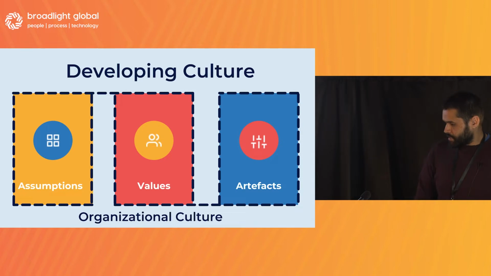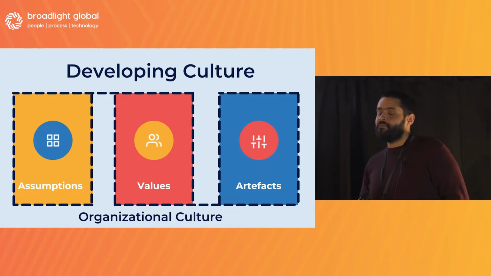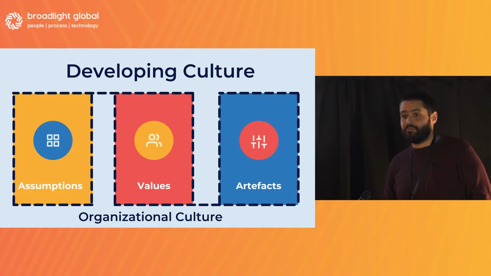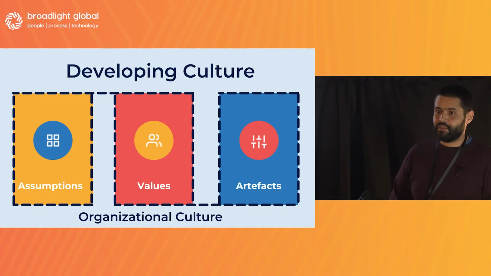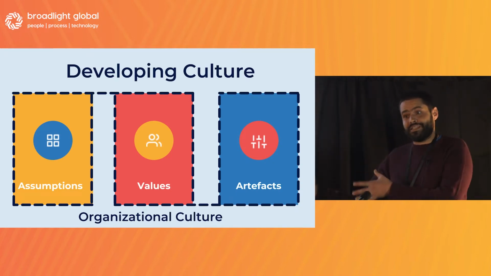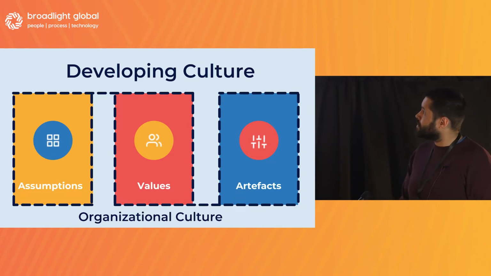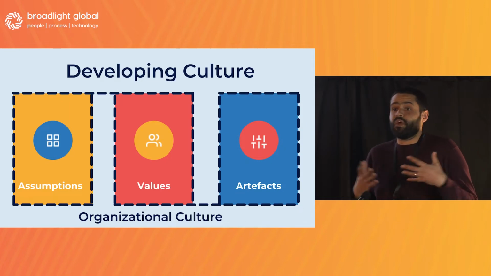On developing culture, you may be familiar with Dr. Nicole Forsgren's book, Accelerate. It's completely changed how people approach software development, generally speaking, and what we think about proxy measures of how good a development organization we have. In that book, Dr. Nicole Forsgren relies on a well-known model by Dr. Edgar Schein of what culture is made of.